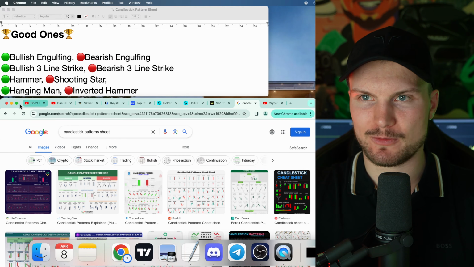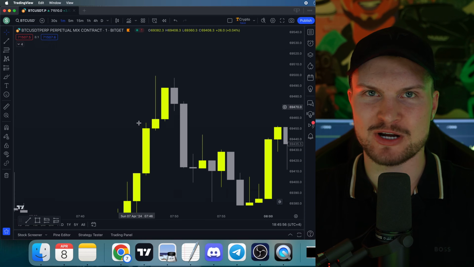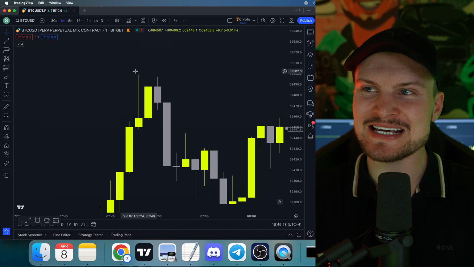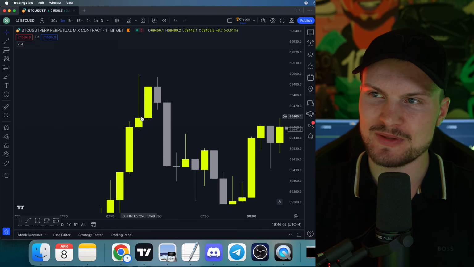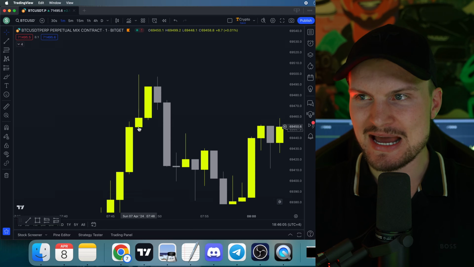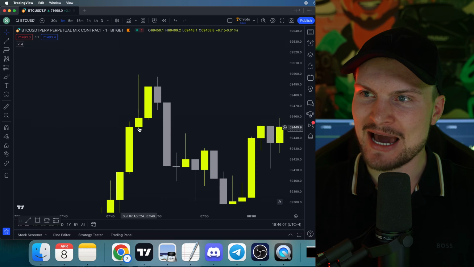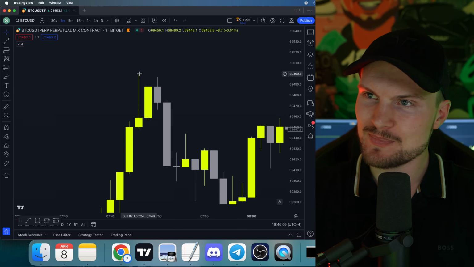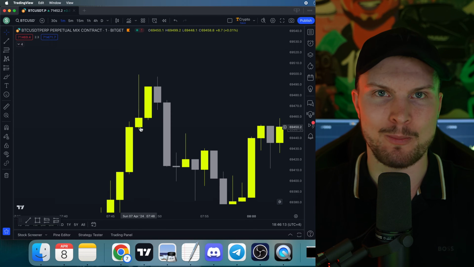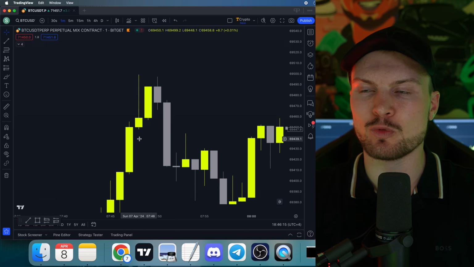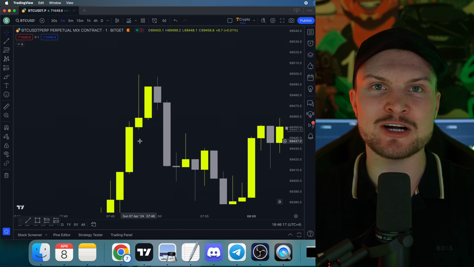Let me show you an example. Right here, we have an inverted hammer candle. Essentially, this is the exact same thing as a shooting star, however, a weaker version. The candle opened down here, and in a shooting star, the candle would go all the way up here, the wick, and sellers would push the price down all the way past the opening price, aka this candle would close bearish, aka in a gray color.